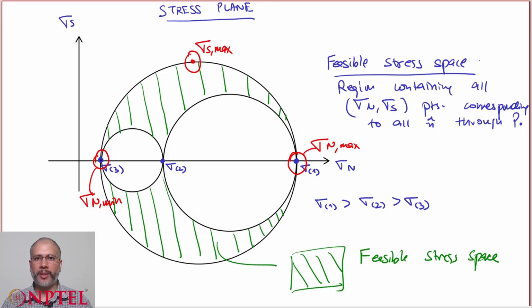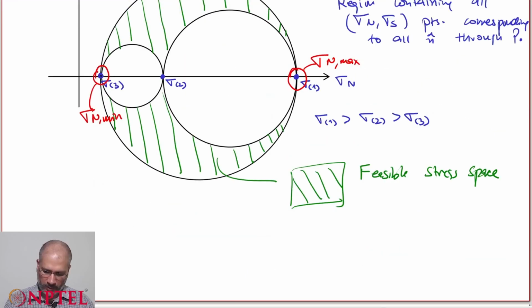And this minimum sigma s corresponds to the situation where we have sigma n max, sigma n min, or the intersection of the circles with the sigma n axis. And we can also quantify these values. So sigma n max is the largest eigenvalue, which is sigma 1.